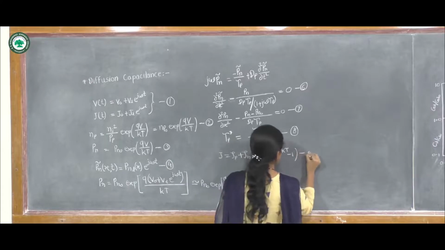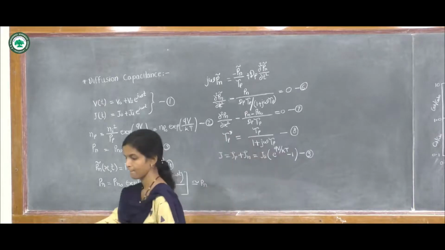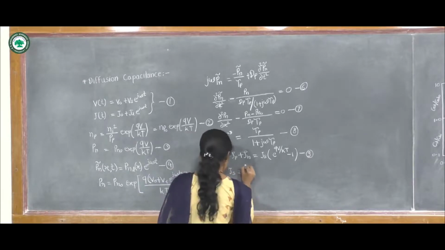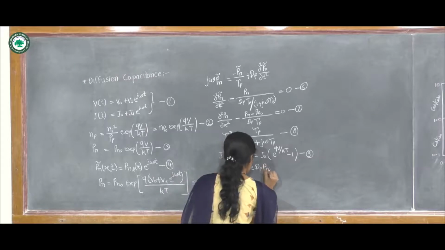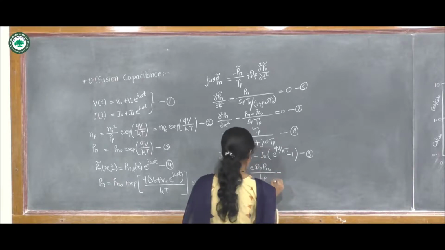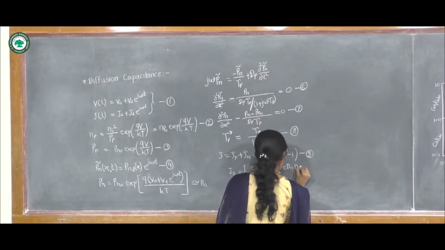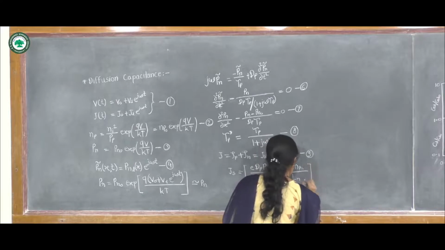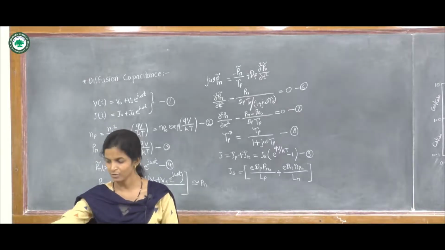So this is equation number 9, where Js is given by Js = q(Dp Pn0/Lp + Dn Np0/Ln), where Lp is the diffusion length of hole and Ln is the diffusion length of electron.